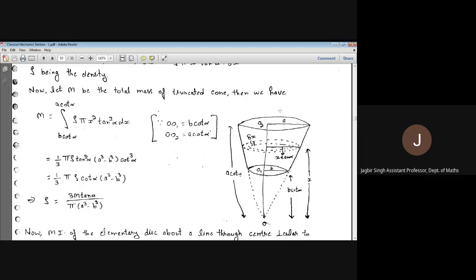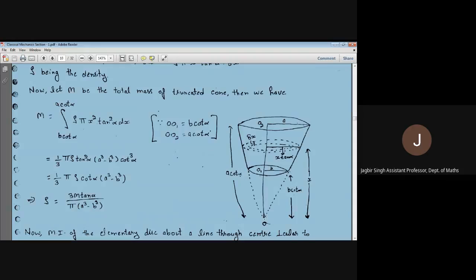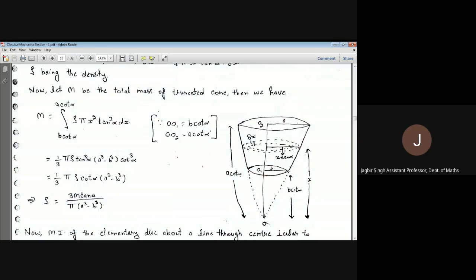Now assume from the vertex the height of the cone is h. Assume the radius of the base is b and that of the upper side is a. The angle that it creates at the vertex is alpha. Using the triangle, we have that this height is b cot alpha and the whole height is a cot alpha.